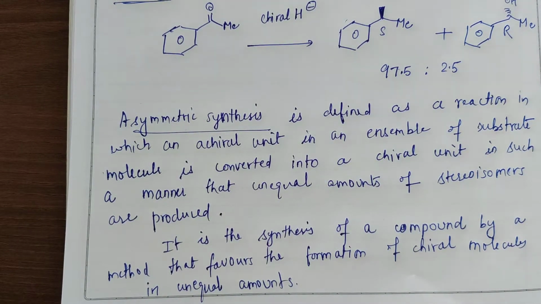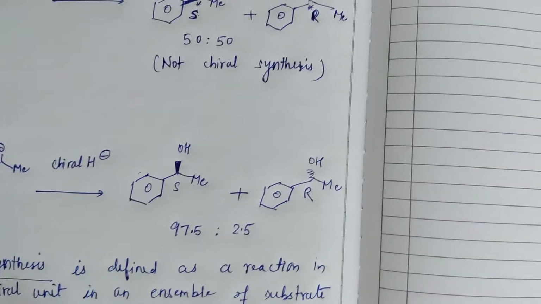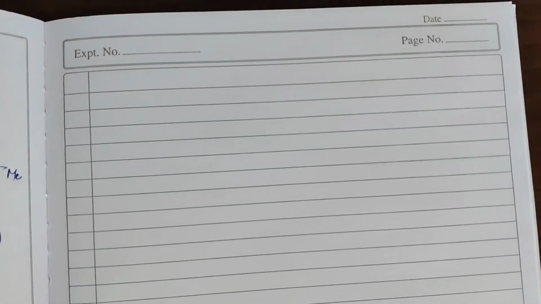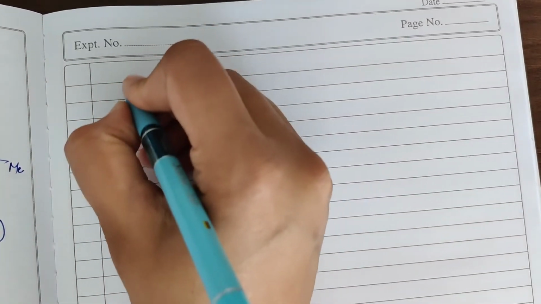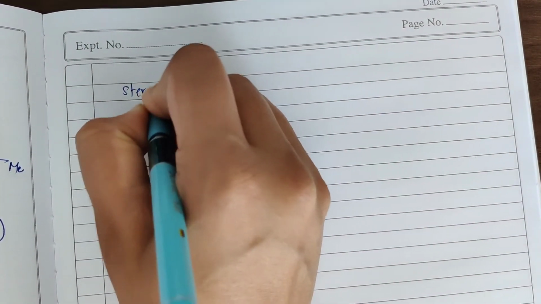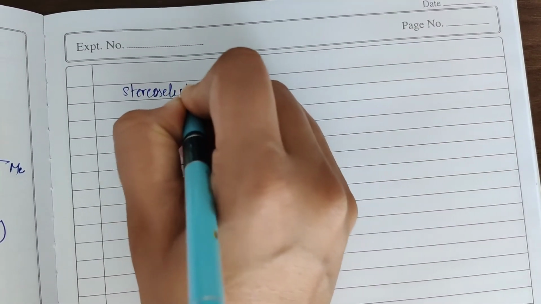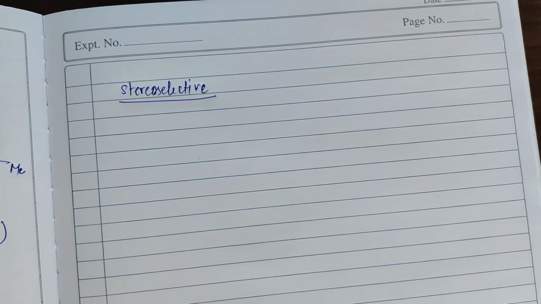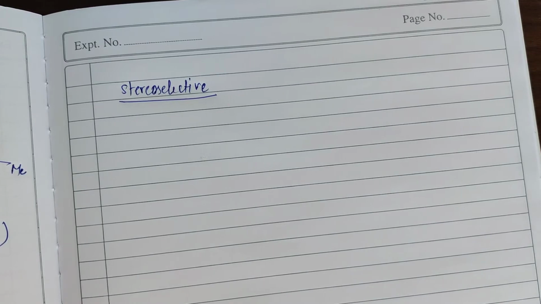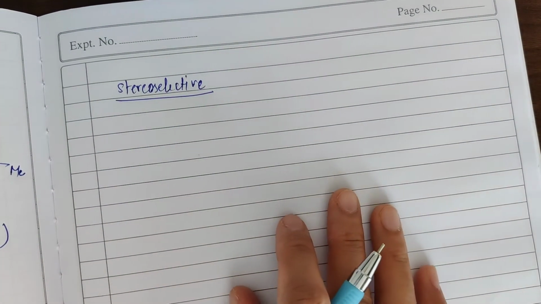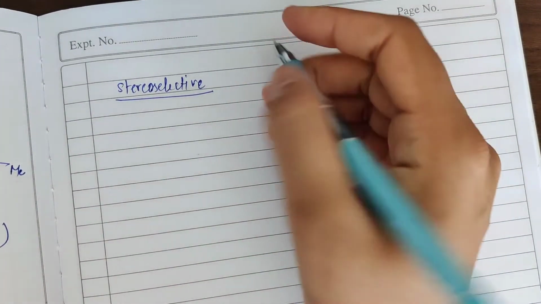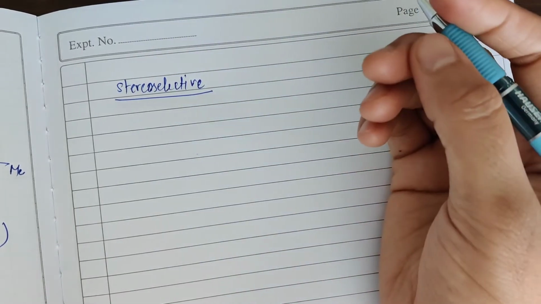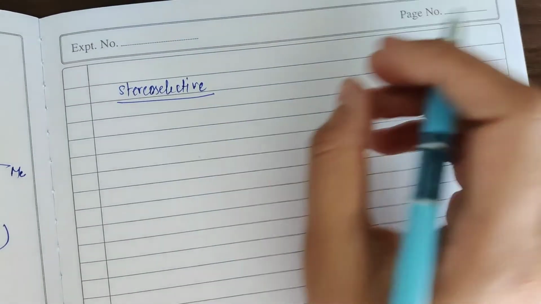Now, two terms come with asymmetric synthesis. One is stereoselective. So, asymmetric syntheses are often called stereoselective.